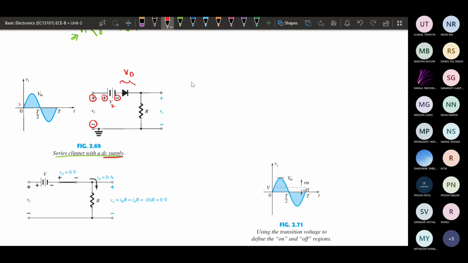In that case, VD is related to V input minus V. In the ideal case the VD value is 0, so if V input minus V is greater than 0, then only the diode will be on.